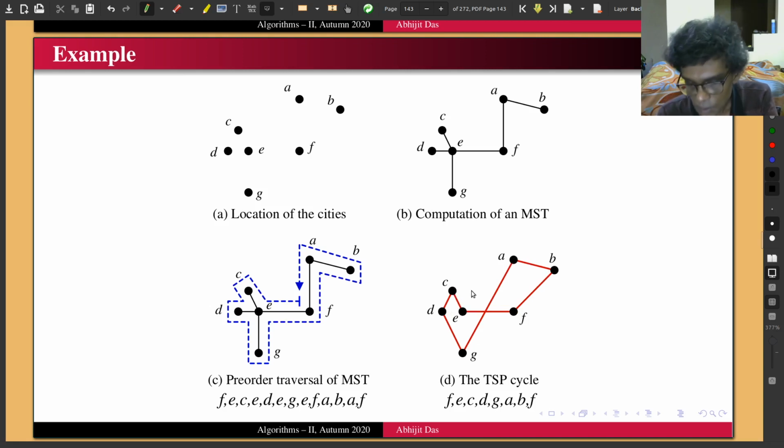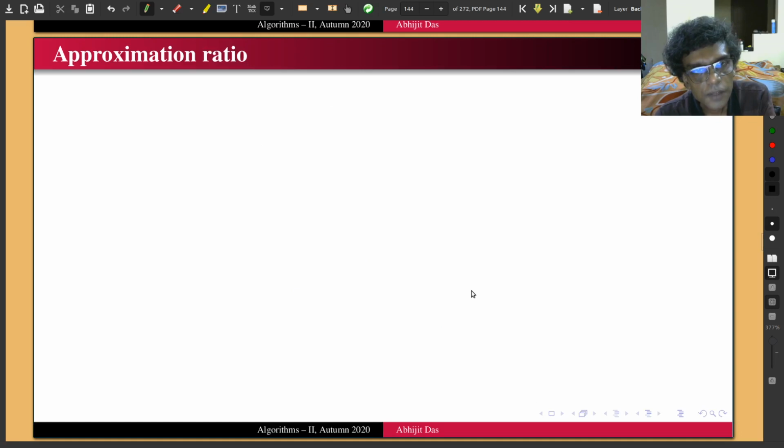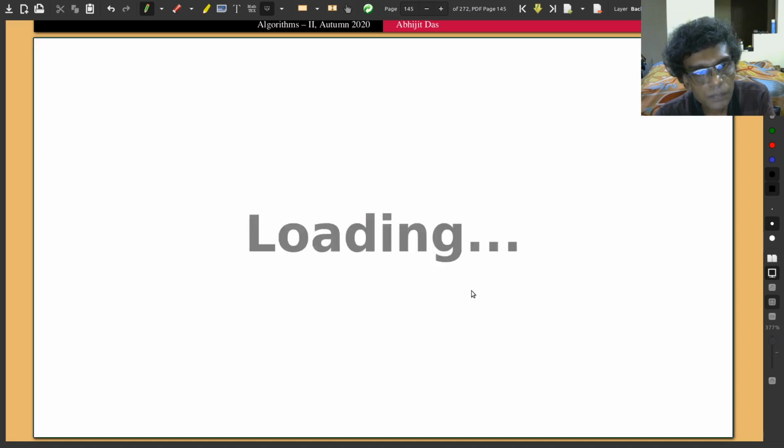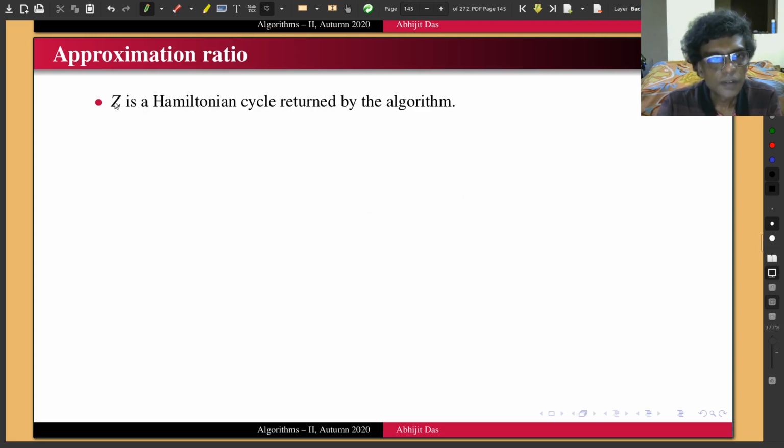So we will continue to use the previous notations T, W, Z and so on. So what is the approximation ratio? Let us say Z is the Hamiltonian cycle returned by the algorithm, and Z star is an optimal, that is a minimal Hamiltonian cycle. I want to compare the cost of Z and that of Z star.